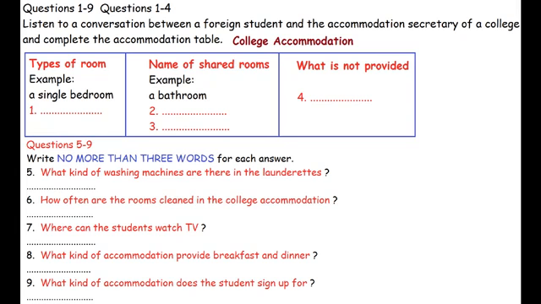And the rooms are actually cleaned every week. And the bed linen is changed also at the same time. Oh, that's wonderful. That sounds fine. If I do decide to stay in the dormitory, I'm going to want to have a chance to watch television. I want to use TV to practice my English. Is there a TV in the room?